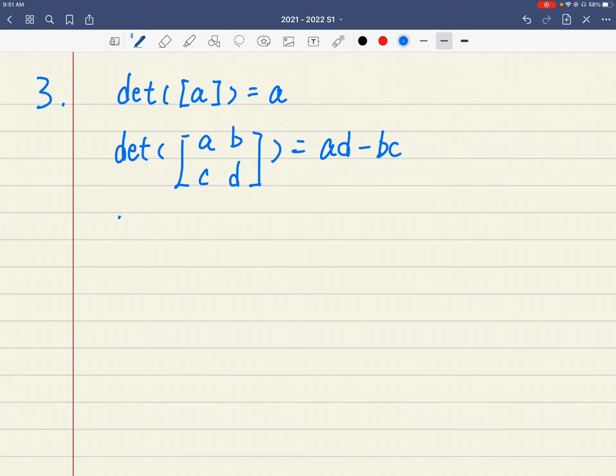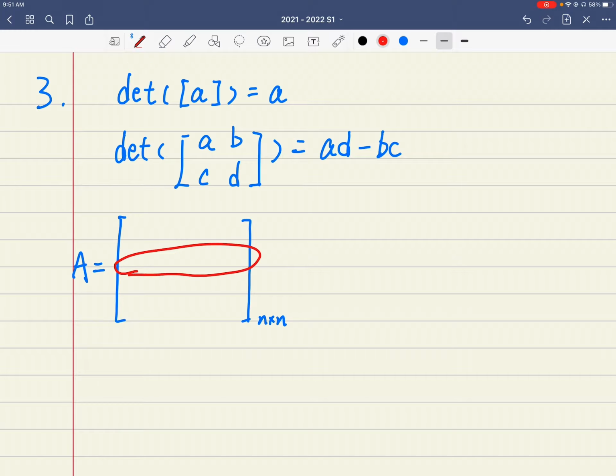For a general n by n matrix, you can choose any row or any column to calculate its determinant. You either pick one row or one column, and it could be any row or any column. For example, let's pick the kth row.